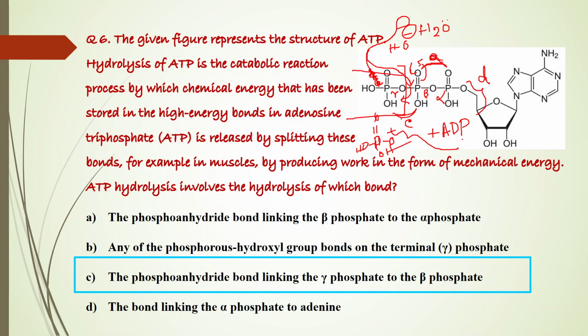Again, if H2O molecules have to attack here, then it will attack the bond between alpha and beta phosphate group, because now we only have two, alpha and beta. So once it attacks the alpha position, that will again release another phosphate group and you will end up with AMP, or adenosine monophosphate. So I hope this is clear.